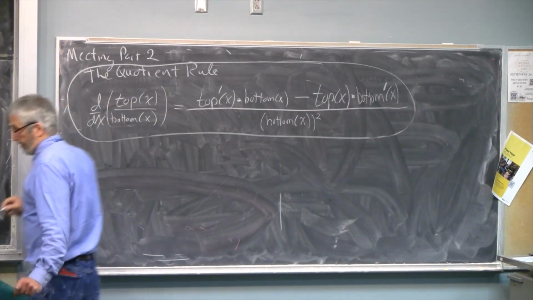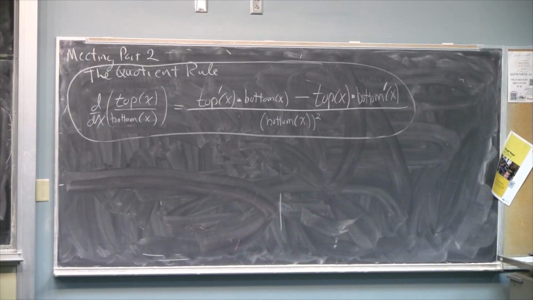Now, just as over here, remember with the product rule, there was an obvious thing that was the wrong thing. The derivative of a product is not the product of the derivatives.